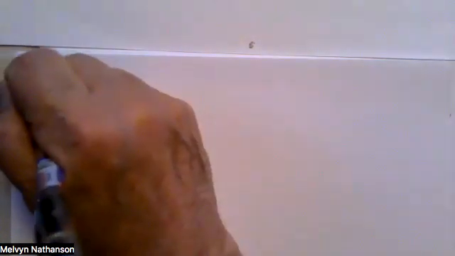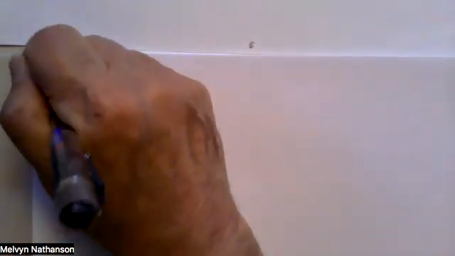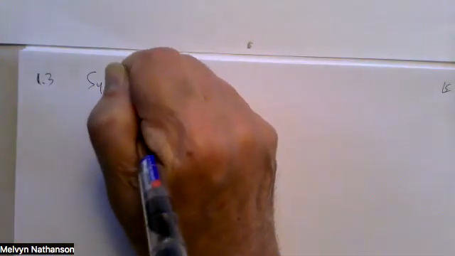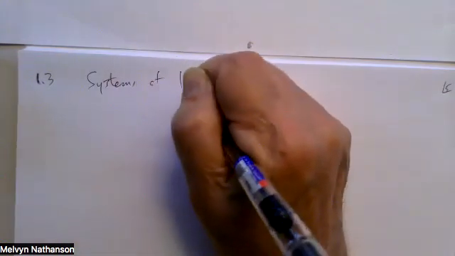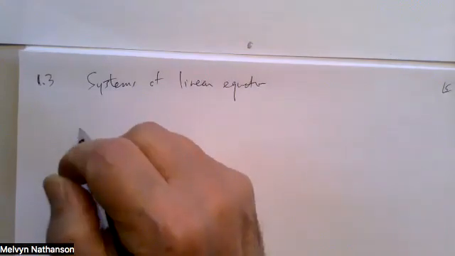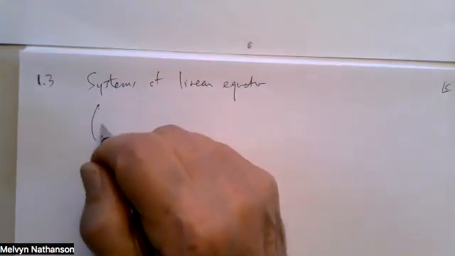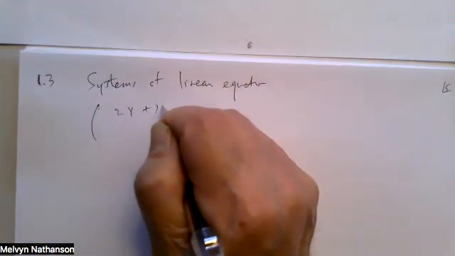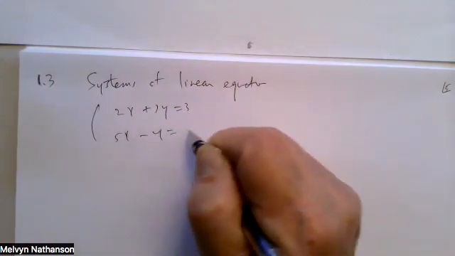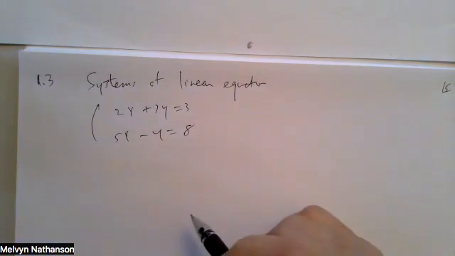This is section 1.3, systems of linear equations. You're used to solving a system like 2x plus 7y equals 3, 5x minus y equals 8. Find all solutions of this system of two equations and two unknowns.